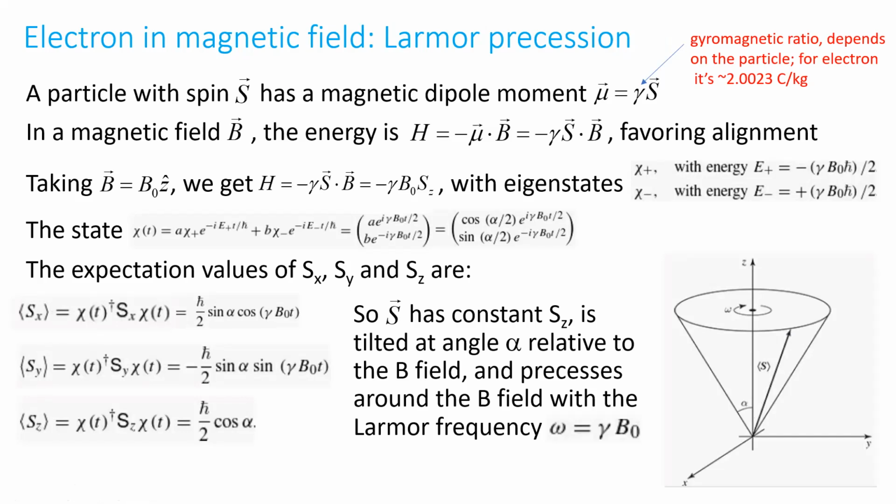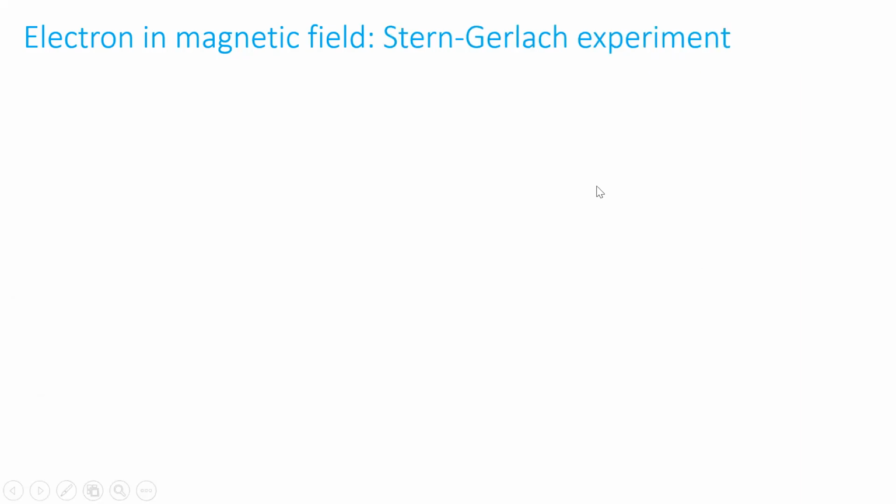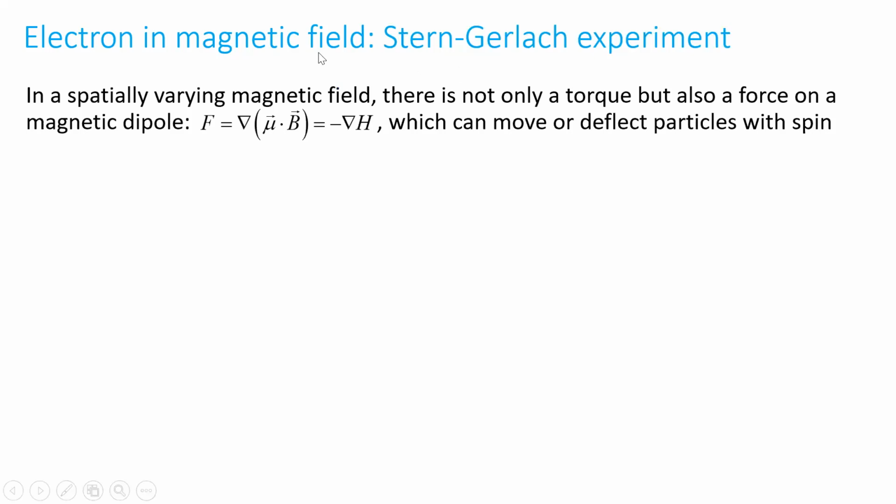Okay, so for our final example, we're going to look at an electron in a magnetic field again, but this is going to be a spatially varying magnetic field, and it's going to tie into a very important experiment called the Stern-Gerlach experiment. So it turns out in a spatially varying magnetic field, there's not only a torque that a dipole feels due to the magnetic field, but also a force on the magnetic dipole if the magnetic field varies.